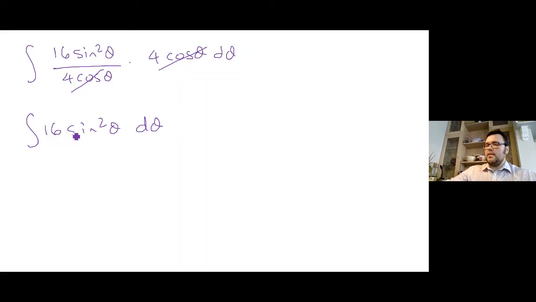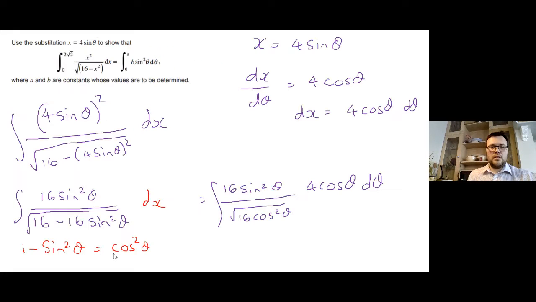To integrate that, you would have to change that sine squared theta using the double angle formula, because you can't integrate sine squared directly.